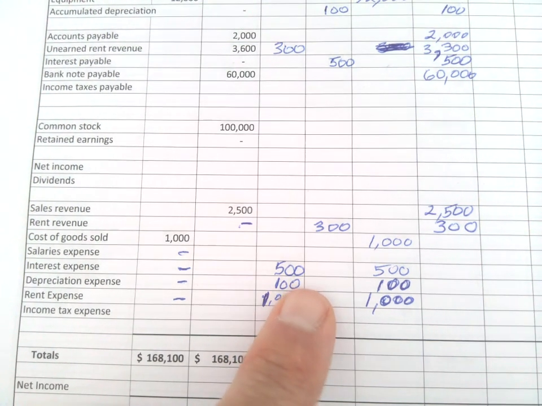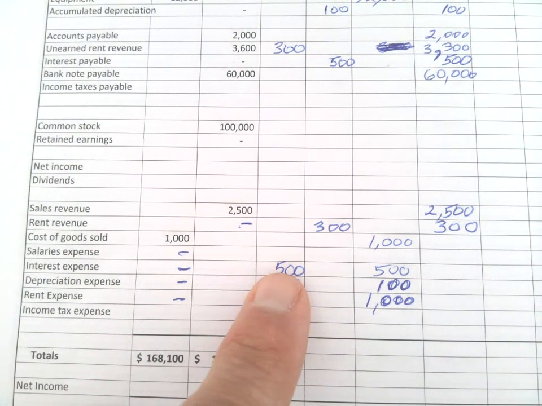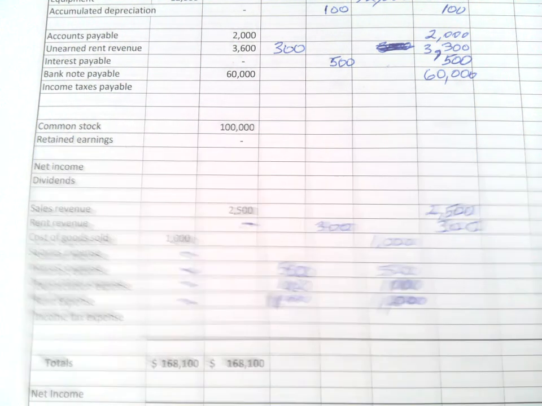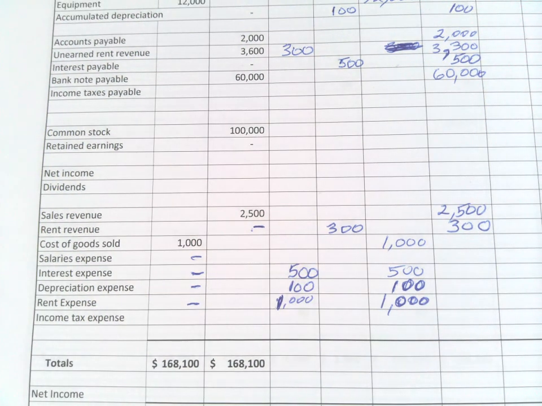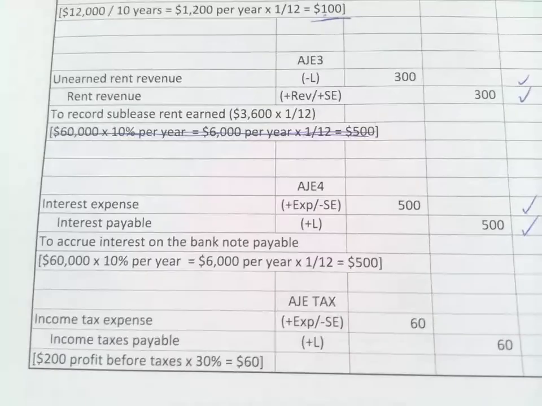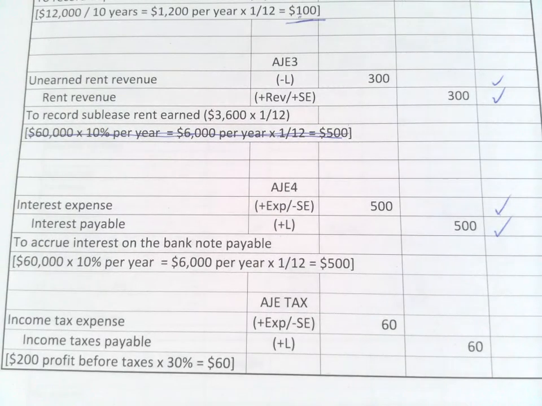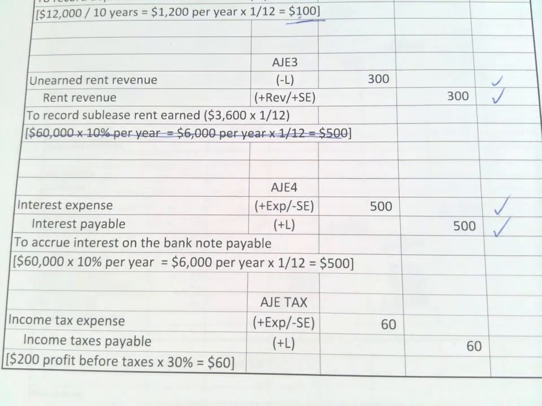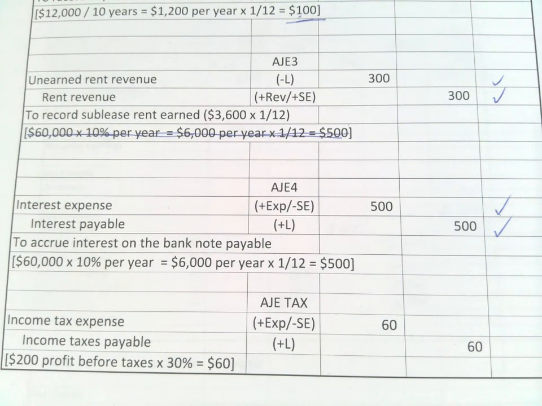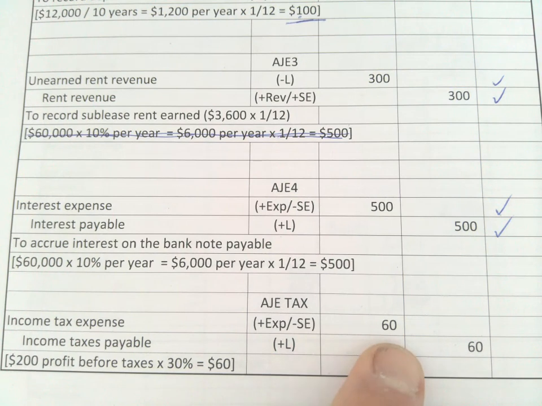And on that, we have to pay 30% tax. So we're going to accrue income tax expense of $60. And I did so by virtue of that entry. We now recognize income tax expense.